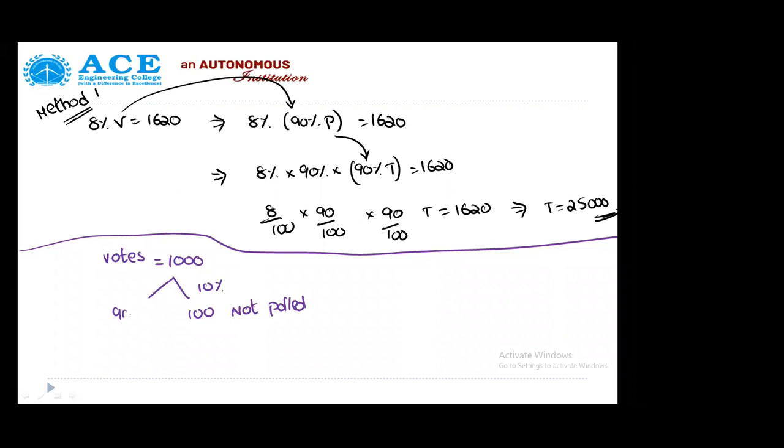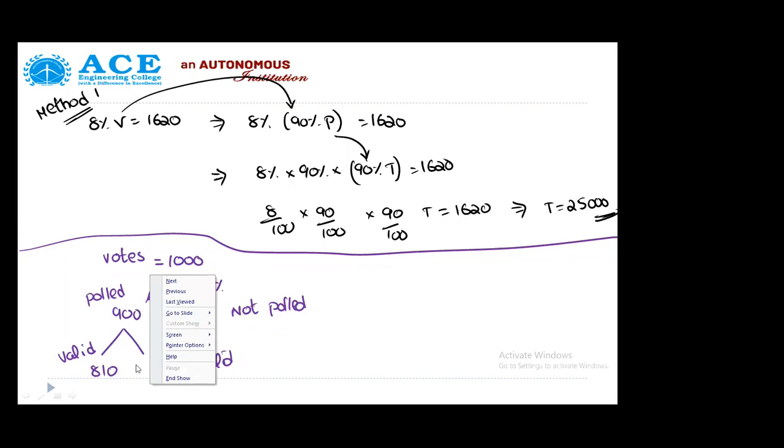Polled is 900. Among polled, 10% is invalid, meaning 90 invalid. So valid is 810.